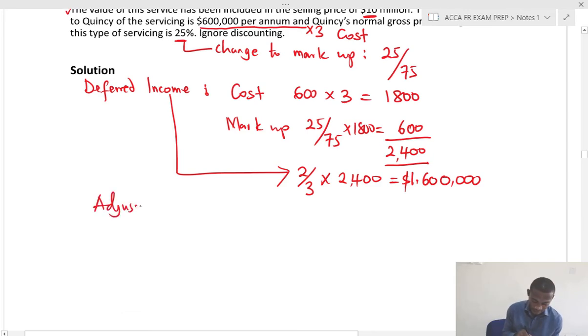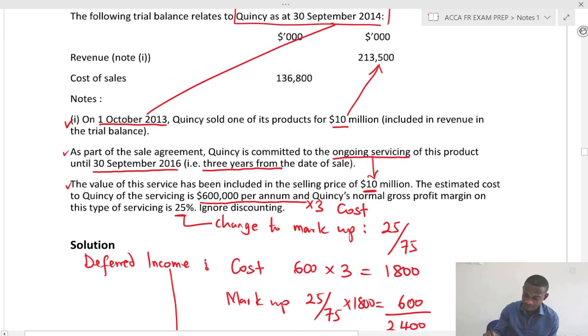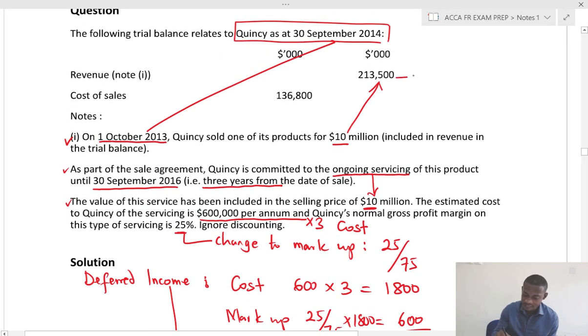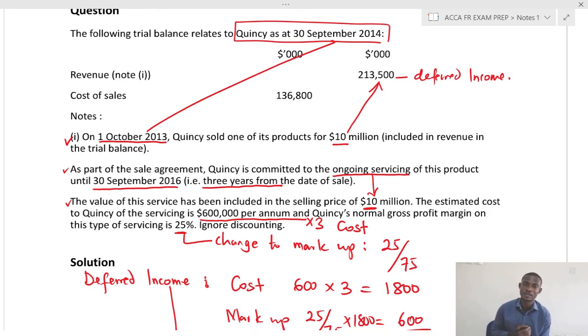The adjustment required should be that the revenue for the year have to be reduced, so we deduct the deferred income, because as per IFRS 15, revenue is recognized when performance obligations are satisfied or have been satisfied. 2 years not yet satisfied should not be revenue.